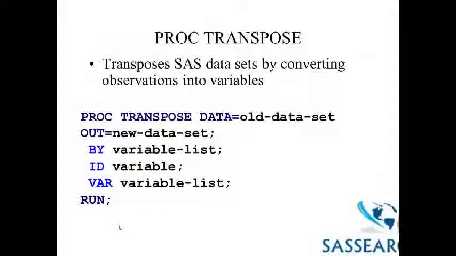The third way that we can restructure our SAS data set going from long to wide is with a procedure called PROC TRANSPOSE. This procedure interchanges rows and columns of a data set. And this works well if you have only one variable to transpose.